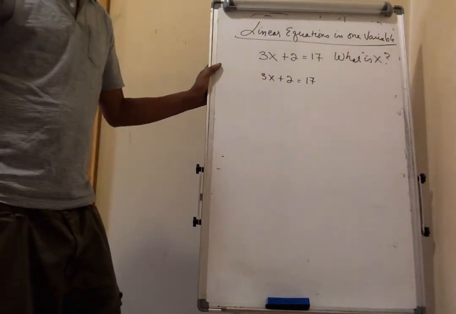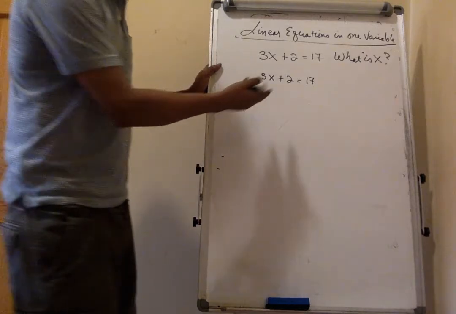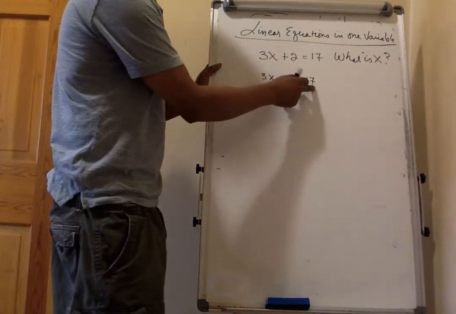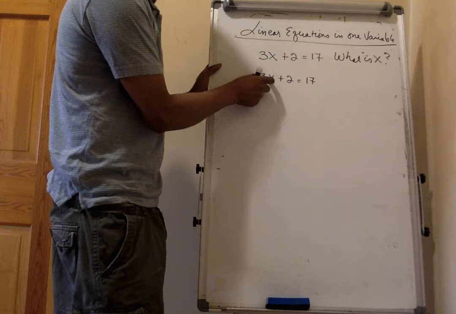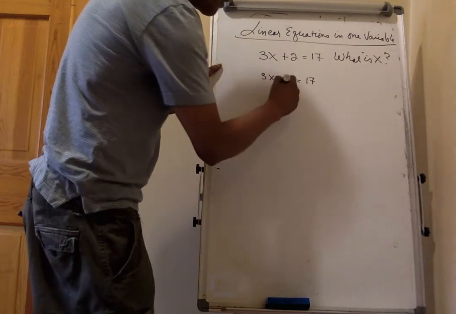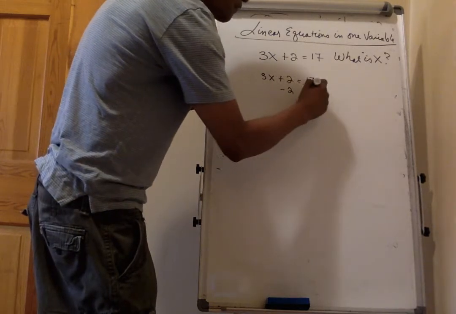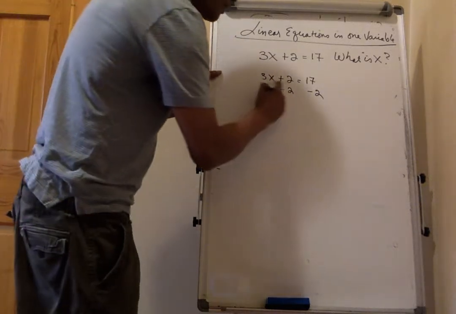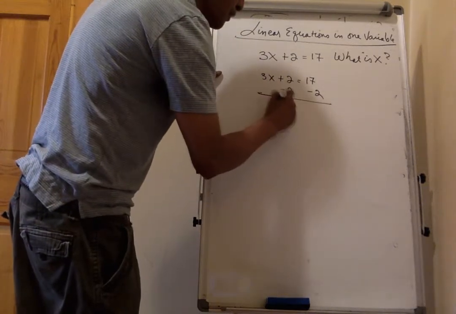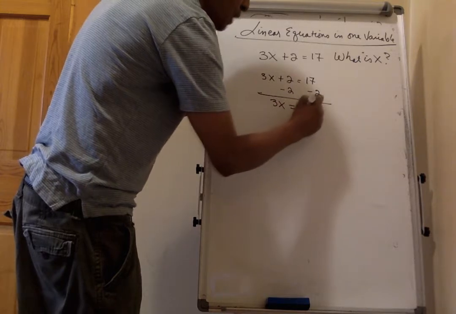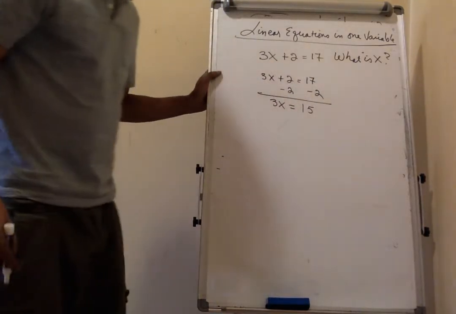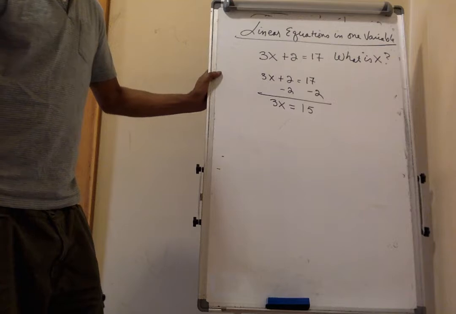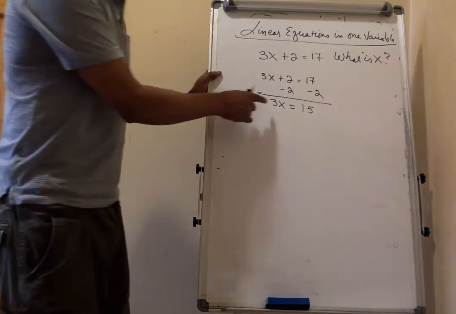To do that, first we are going to follow the order of operations. I have to move 2 to the other side because I have to isolate 3x by itself. So subtract 2 from both sides. Then you have 3x is equal to 15. Now you want to get rid of 3.